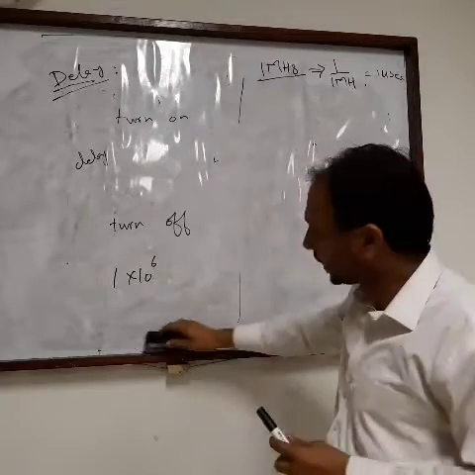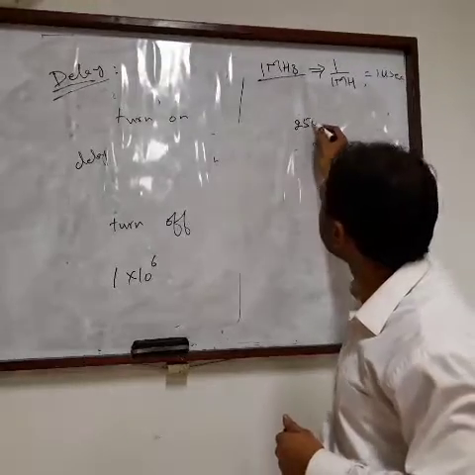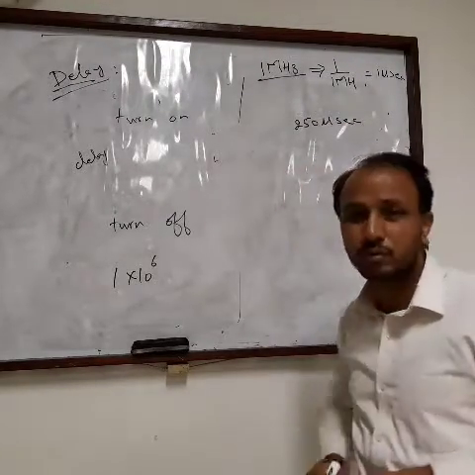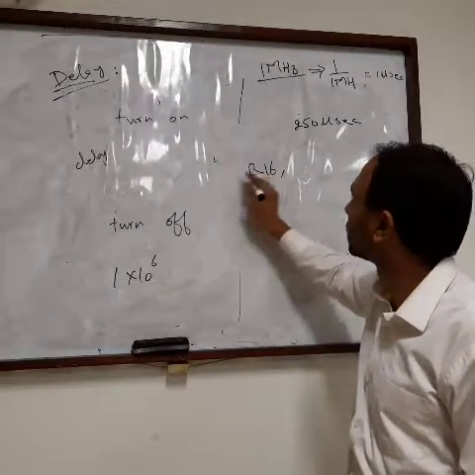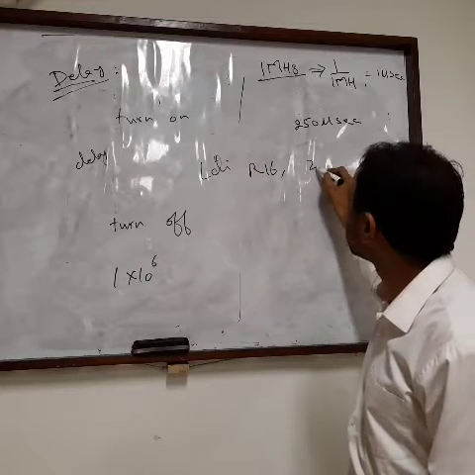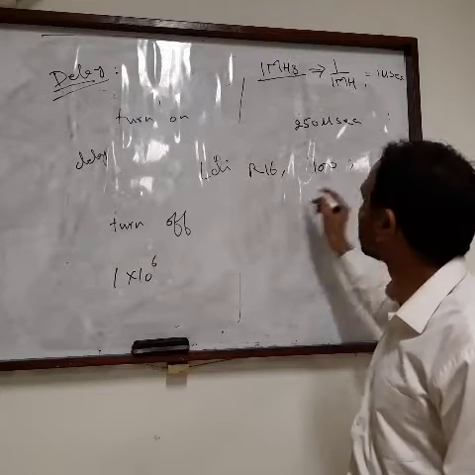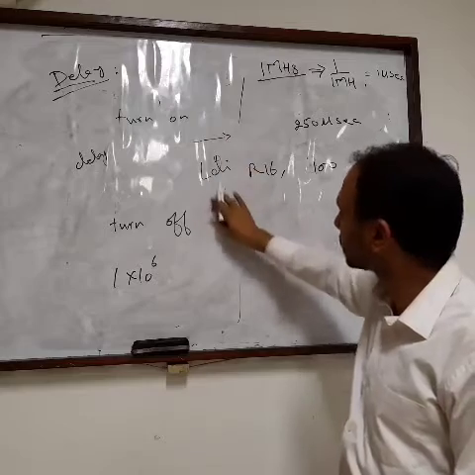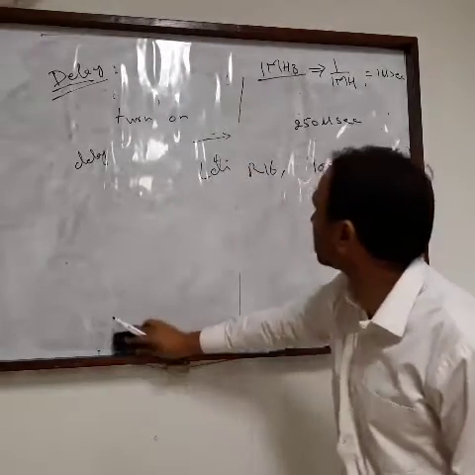So first let's make the example easy: we want to make a delay of 250 microseconds. So what I will do: LDI R16, 200. Here I had the run instruction, now I want to give a delay before turning off.